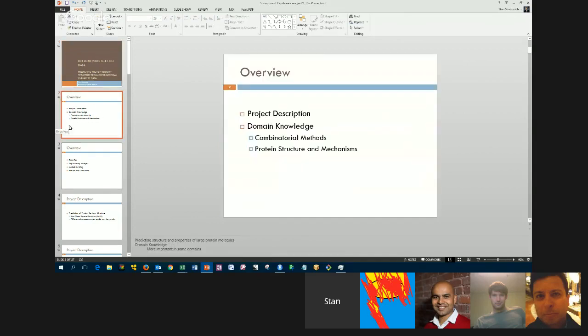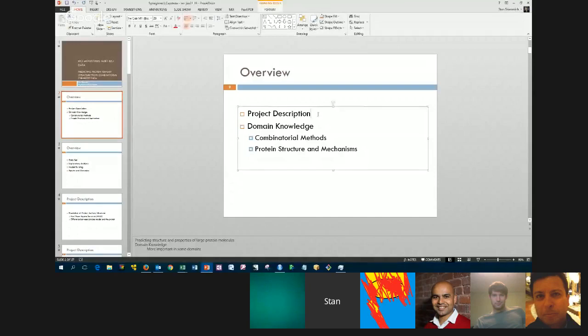Okay, let's start with an overview and the path I'm going to take through the analysis. First, we'll start with the project description, which I just did. From there, we're going to go on to a discussion about domain knowledge. In some areas, domain knowledge is a bit more important than others, and this is one of those cases.